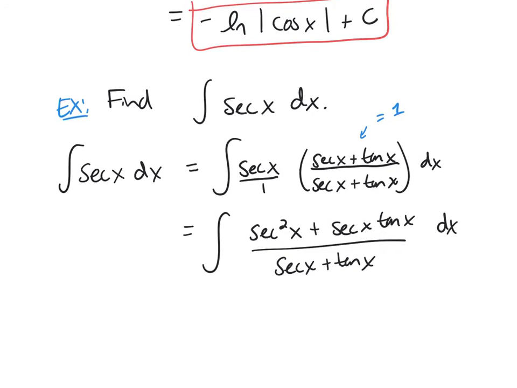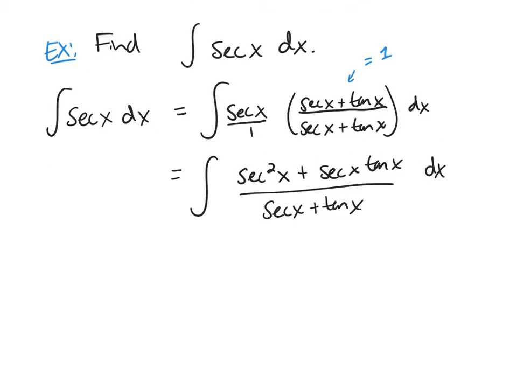And now I can do a u substitution. So what's my u substitution going to be? u is going to be the denominator, secant x plus tangent x. The derivative of secant is secant times tangent. The derivative of tangent is secant squared.